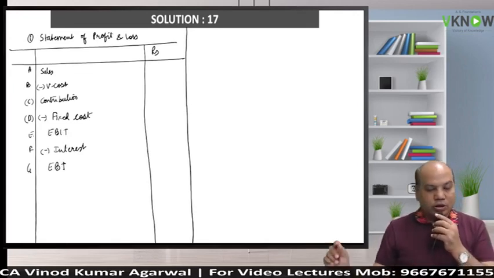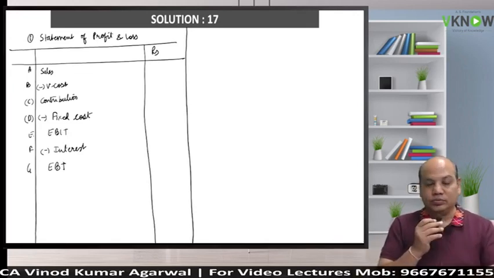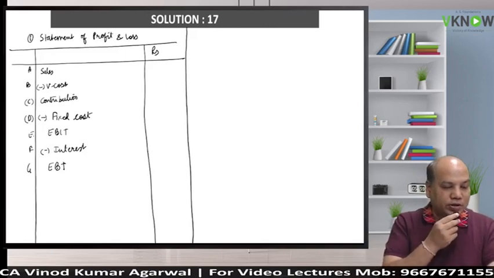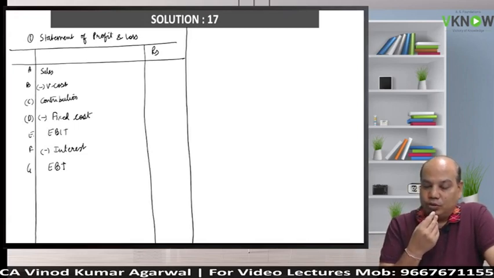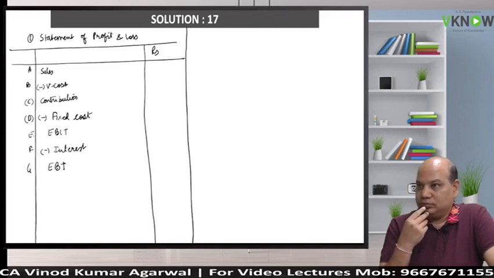Don't go by rote learning. Don't mug up things. This is a financial management subject. You have to understand it. You have to feel it from inside. So I have given you a format and you have to finish it. Time allowed 15 seconds.